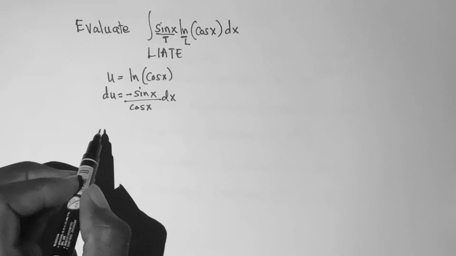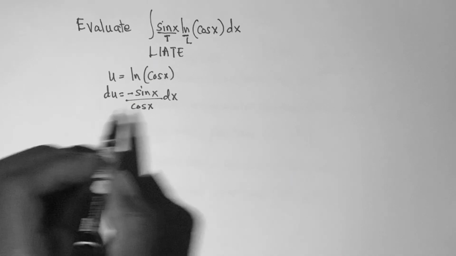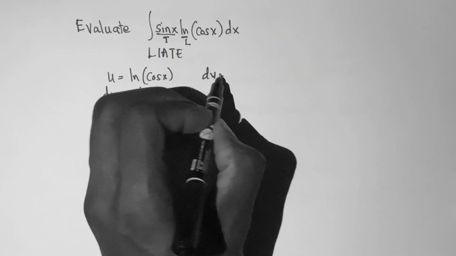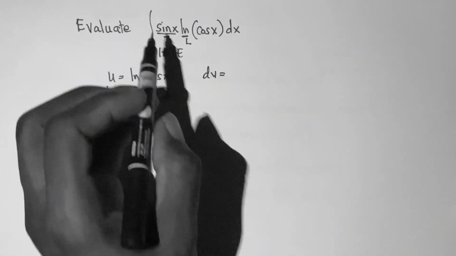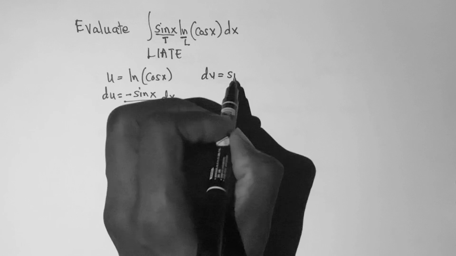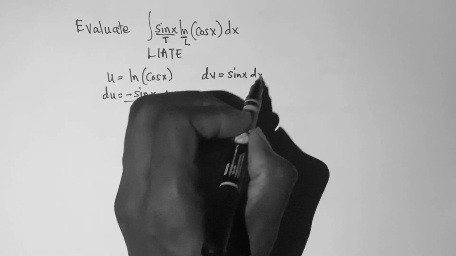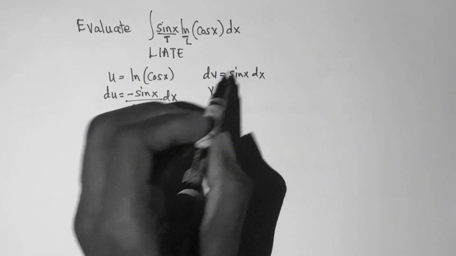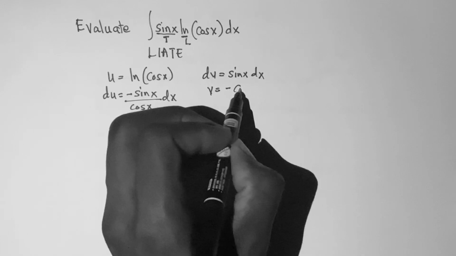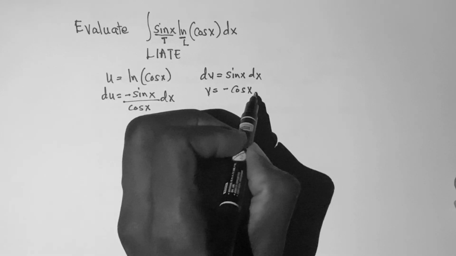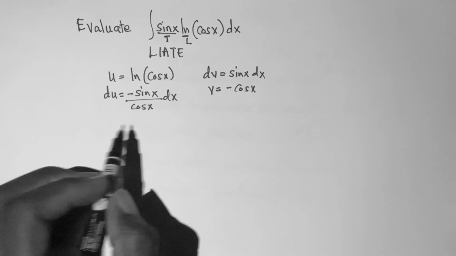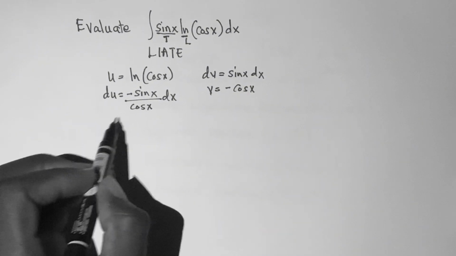And then the next thing is to find dv. dv is equal to what is left, so what is left is sine x dx. So v, if you integrate sine x, you get minus cos x. Now remember the formula for integration by parts.